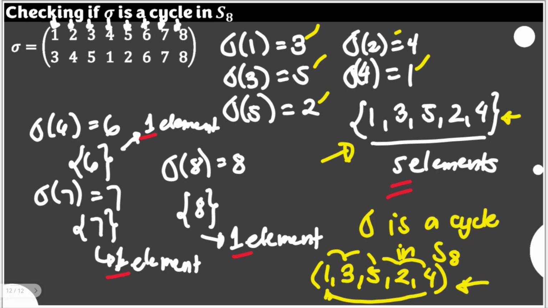But since it's a cycle in S8, it still has 6, 7, and 8. For this specific cycle, since 6 in this permutation is just being mapped to 6, we don't need to write that here. Understandably, all other elements that cannot be found in this cycle are just being mapped to themselves.